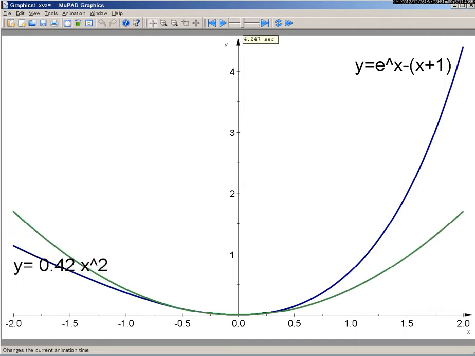But strangely and amazingly, if we zoom around x equals 0, we can find a good enough approximation for R2(x). Let's do it.